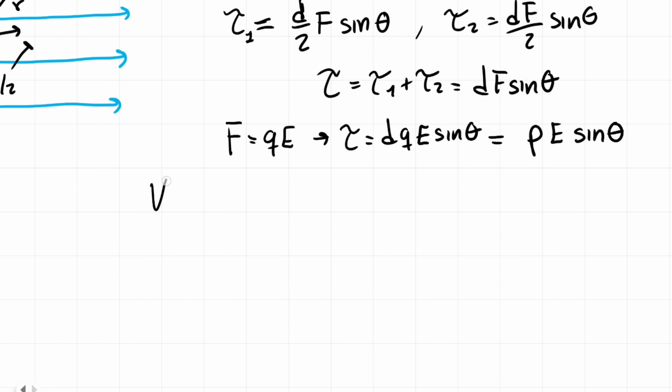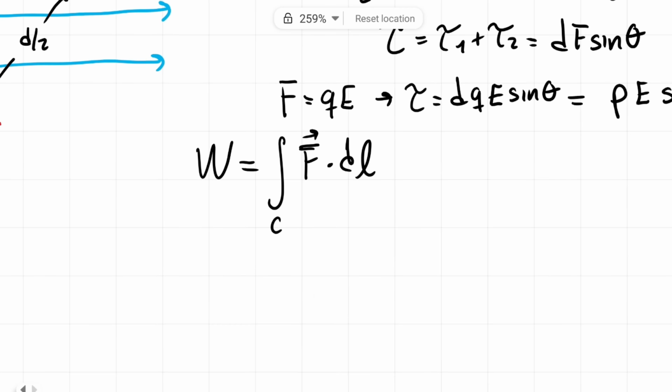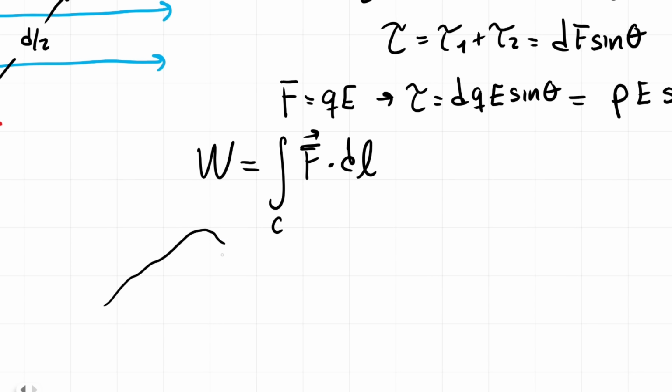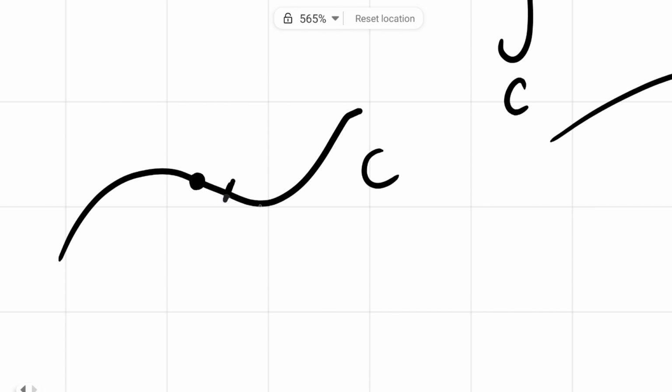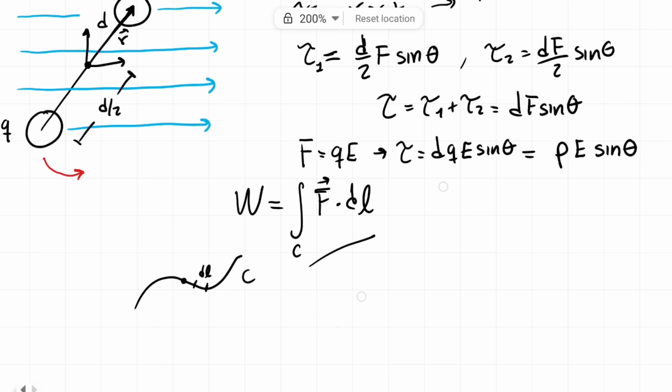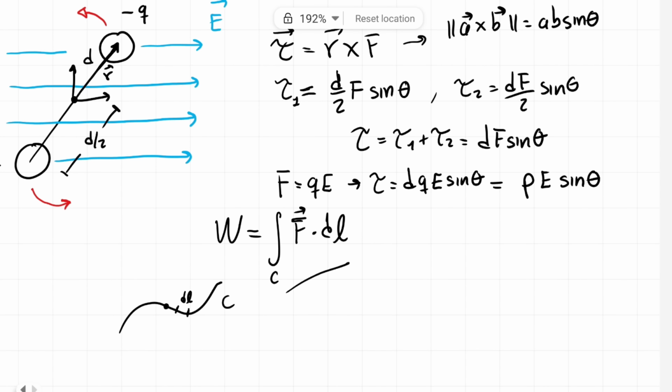Okay, another famous equation: to calculate the work of a force, you make this integral of F dot dl on a trajectory c. You know that if you have a force acting on an object that is moving on a trajectory c, we will have a work done on this object equal to this integral over here. But here we have a circular motion.